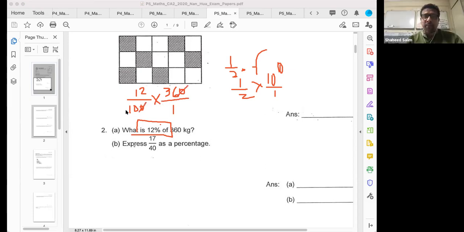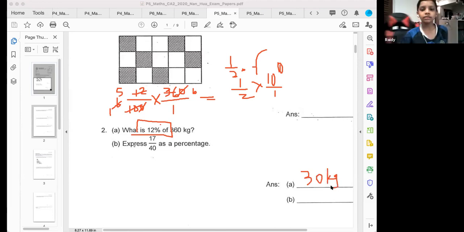Okay, so let me see. I'm going to ask you one by one in a moment. So you get 30 kg. You all know how? I have an easy method.